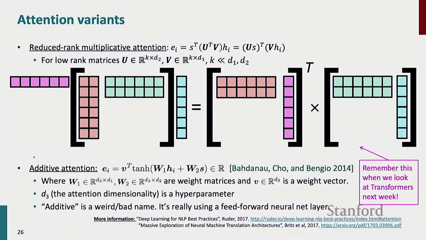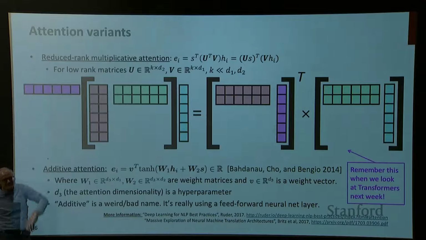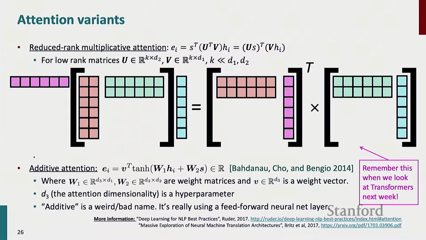But there was subsequent work, especially this massive exploration of neural machine translation architectures, that argued that with good hyperparameter optimization, this is actually the best kind, better than the bilinear attention. But this is a lot more complex and a lot slower than what you're doing in the upper part of the chart. So regardless of whether it's better or not, in practice what's completely won is doing this. And this is what transformers use and just about all other neural nets used these days.